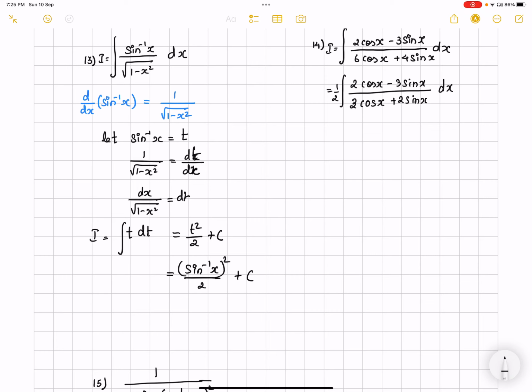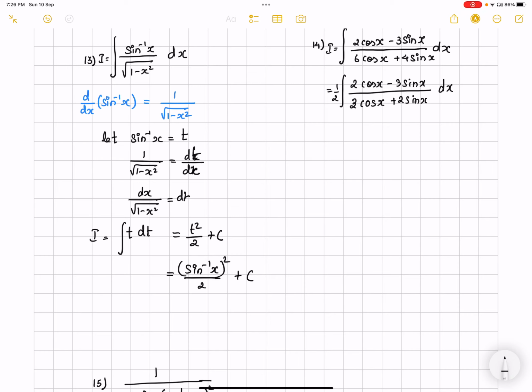Now, which one do I need to consider as t, the numerator or the denominator? When you go with the numerator, that won't work because something is there in the denominator that should be gone. When I differentiate the numerator, I won't get a 1 by denominator term. So that's the reason it won't work.